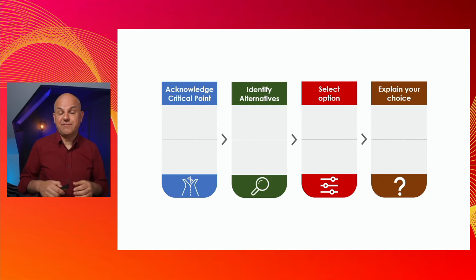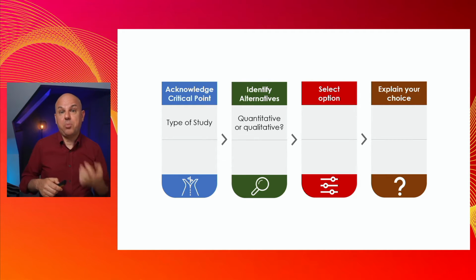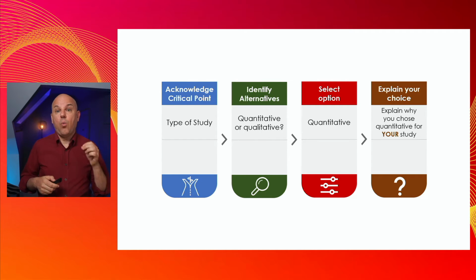Let's look at 2 examples to see how this applies in practice. If we consider, for example, having to make a decision about the type of study, then what you would have to do is to identify the possible types of study, let's say qualitative or quantitative. Then you have to make your choice, for example, quantitative, and then you have to explain why you opted for quantitative for your study.